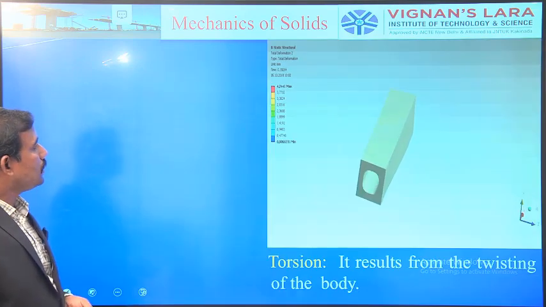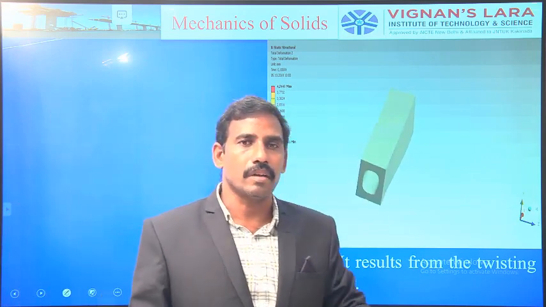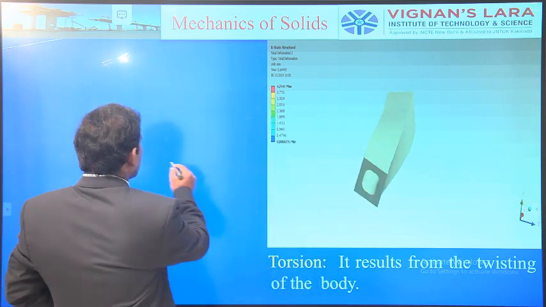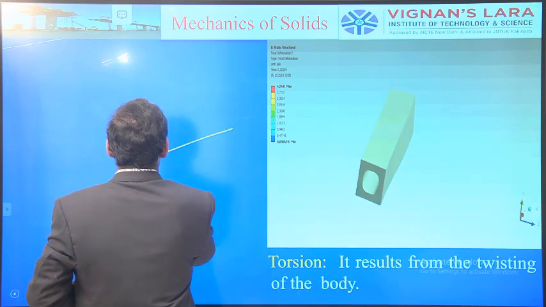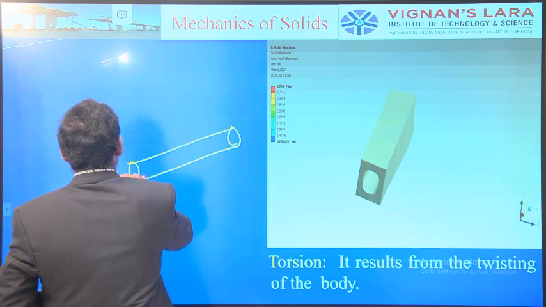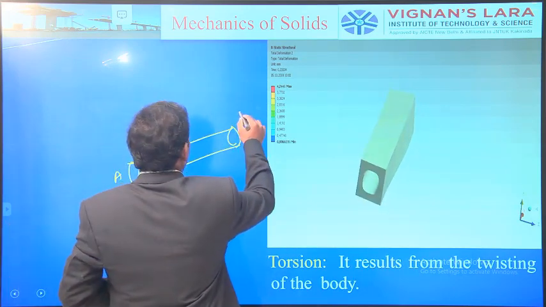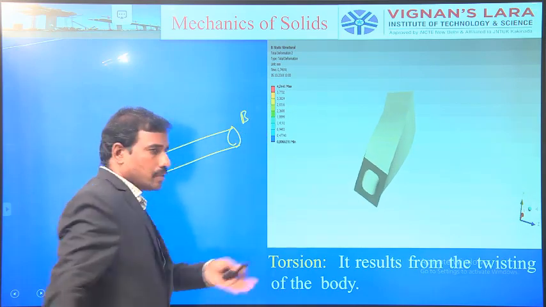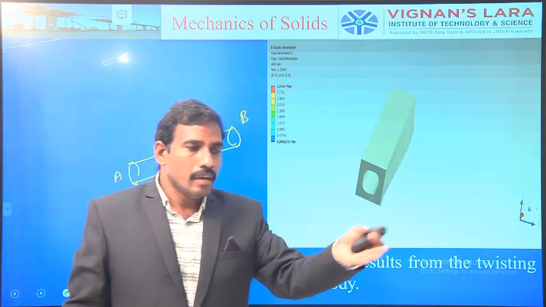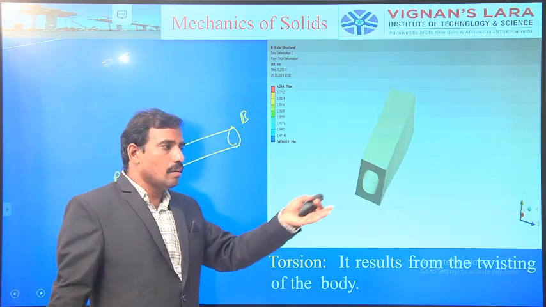Coming to the next one, twisting, where we find applications. Suppose you want to transmit power from one place to another, say from point A to point B. Particularly we observe shafts in heavy vehicles like lorries or rice mills.